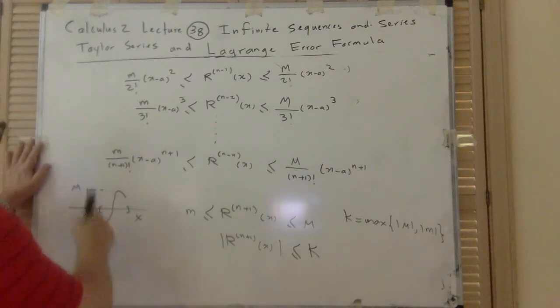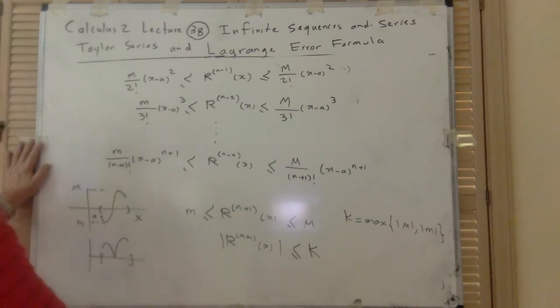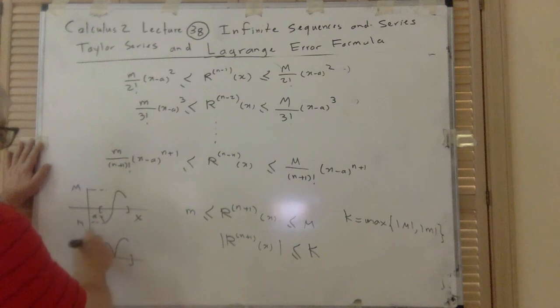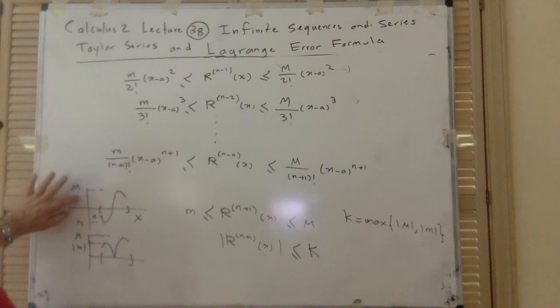It breaks here at this intersection point. So I will get something like this and like this, right? And now this is M, and this is absolute m. This m goes up here and becomes absolute m because it's negative here, so it's positive here.